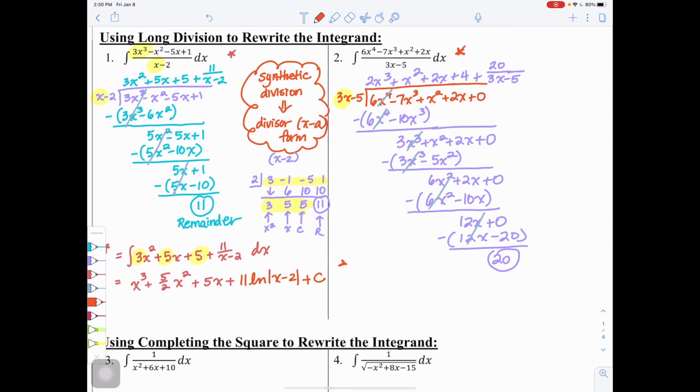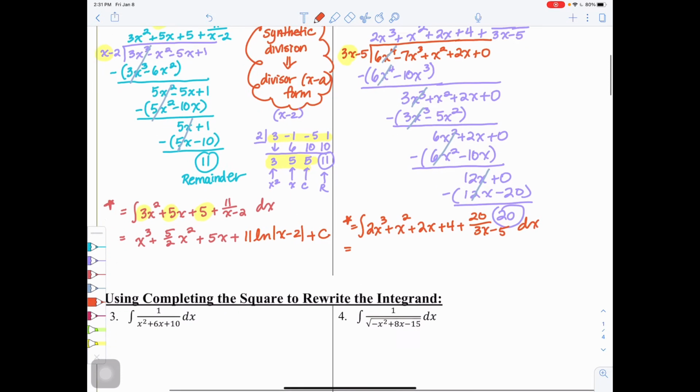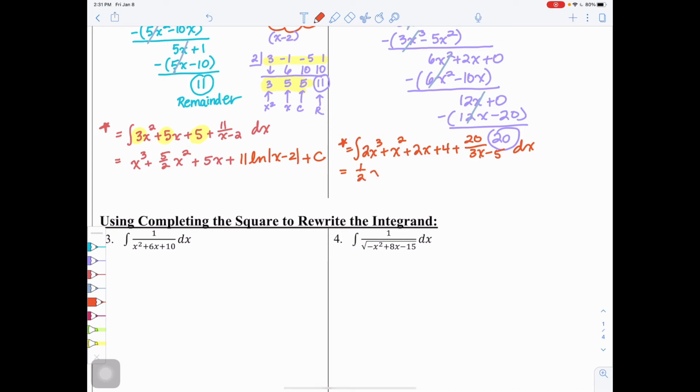Put a little star right here, equal to the integral of 2x cubed plus x squared plus 2x plus 4 plus 20 over 3x minus 5 dx. So that is equal to, add 1 and divide, so 2/4 or 1/2 x to the fourth plus 1/3 x cubed plus x squared plus 4x.